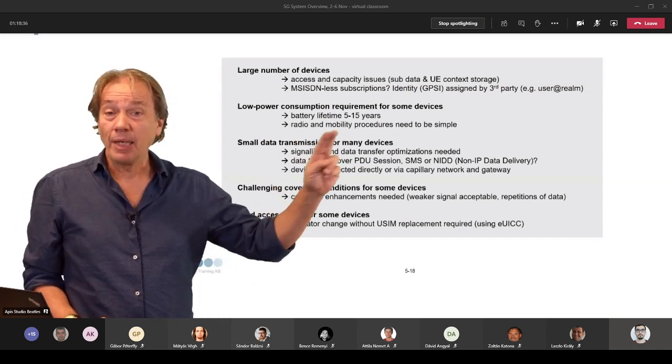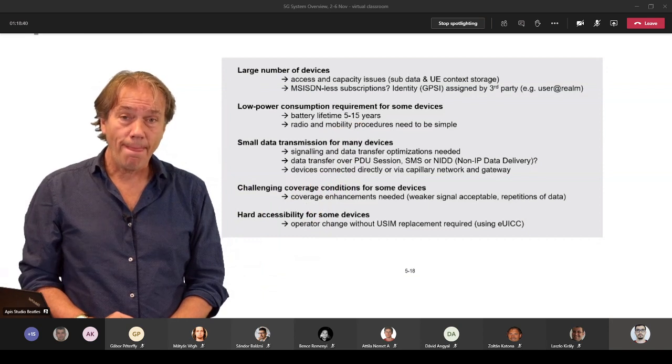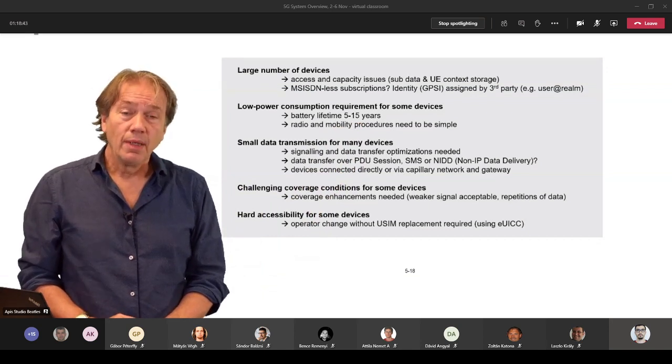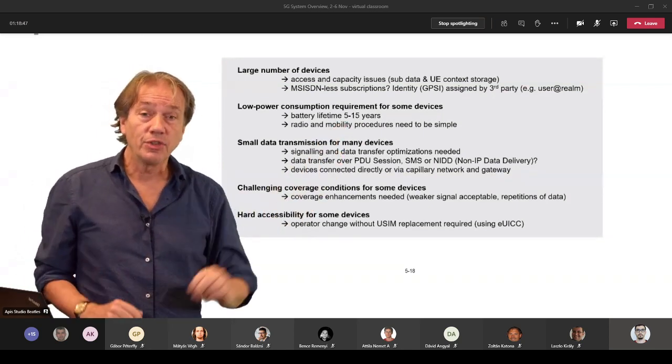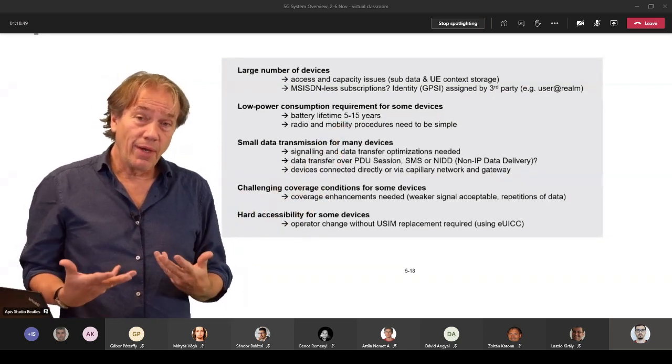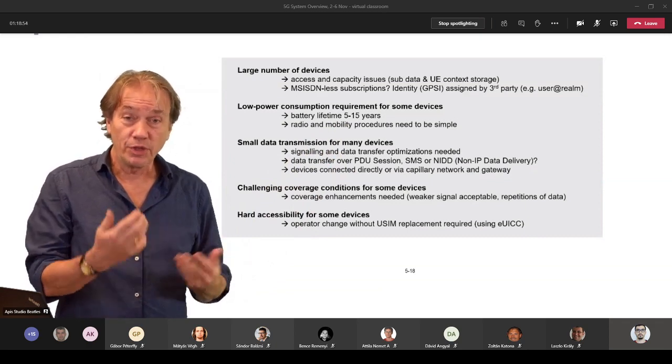So battery lifetime is sometimes important. And if you want the battery to last for 5 or 10 or 15 years, you have to make sure that you make life as easy as possible for the user equipment.